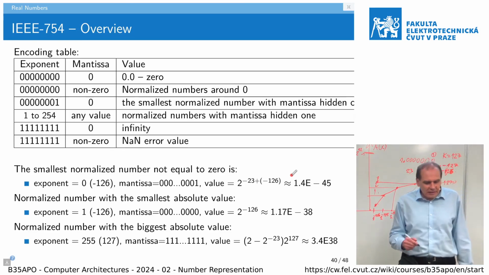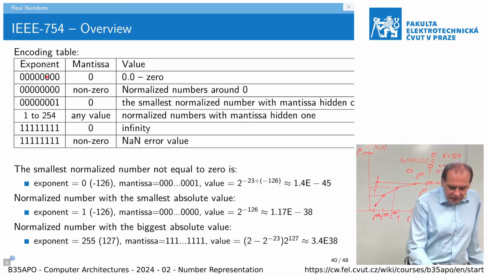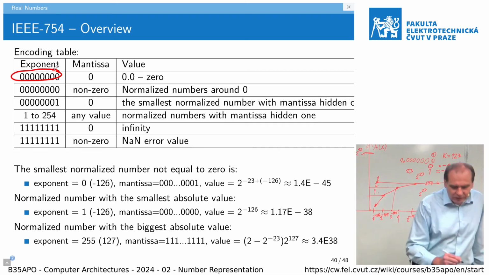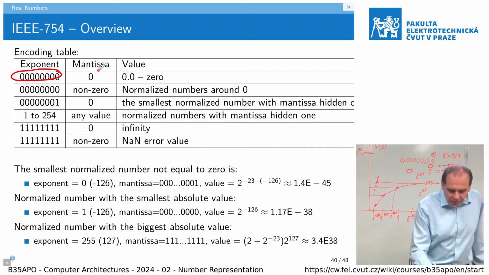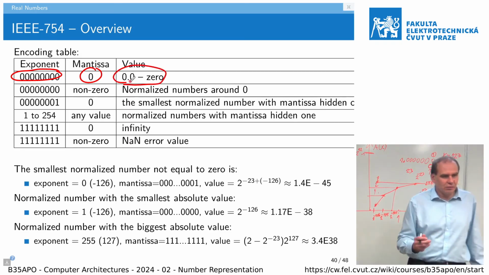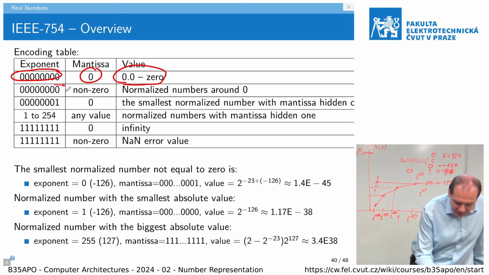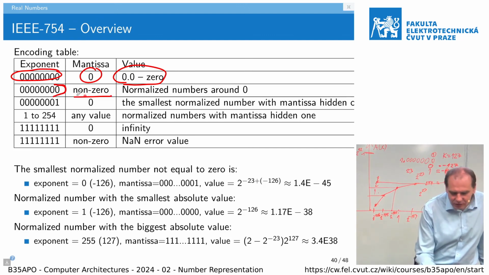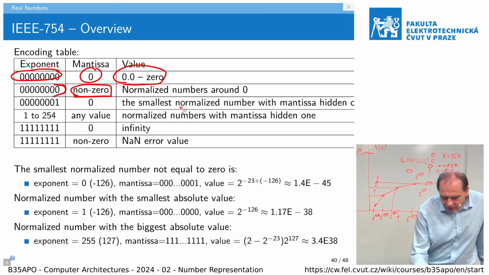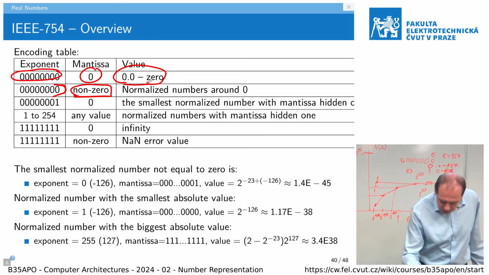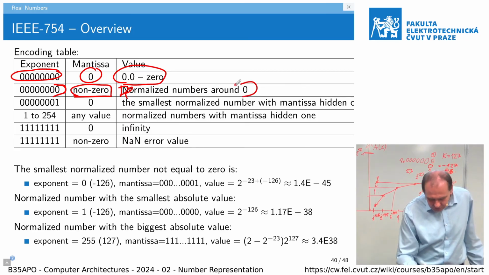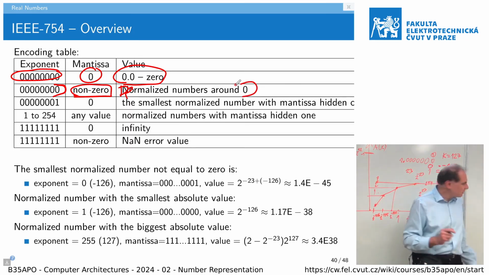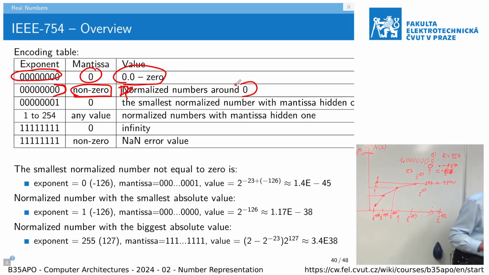And there is the overview table. We see that if the exponent is 0 and the mantissa is 0, then it is exact 0. When the exponent is 0 and the mantissa is non-zero, that is a denormalized number around 0, those very small numbers which represent this gap.